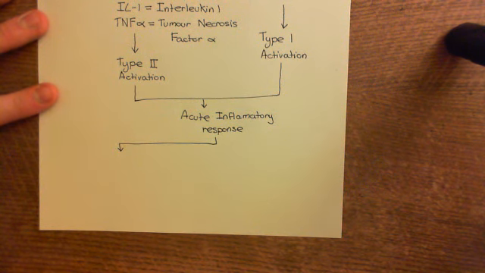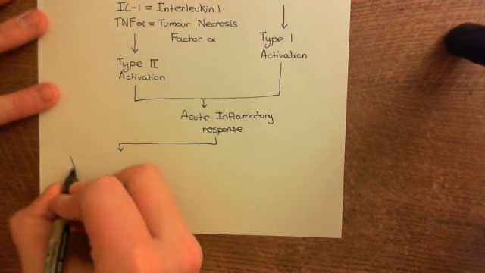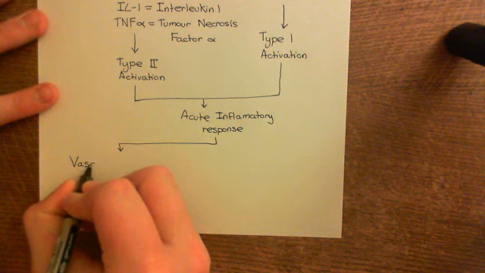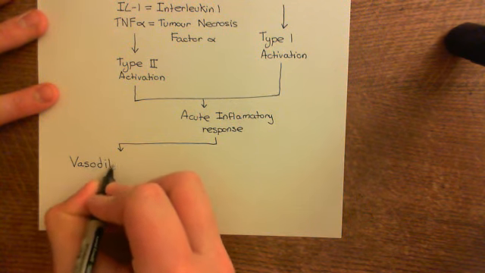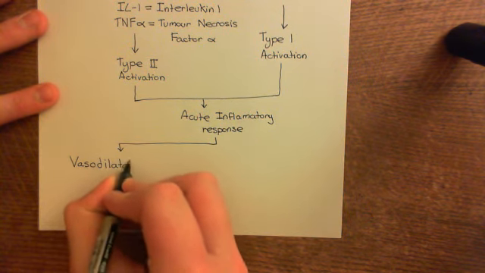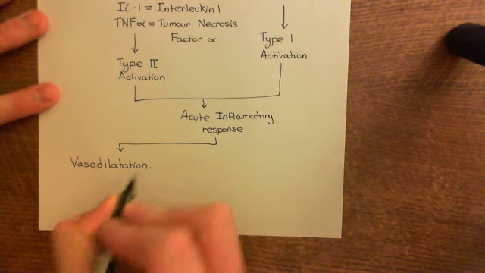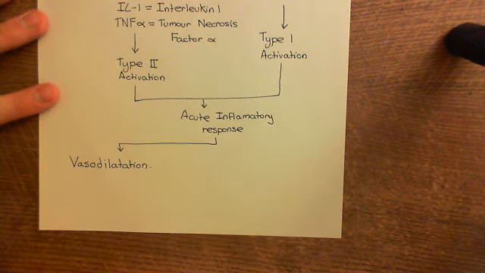So when you increase the circumference, you also increase the diameter, and that will lead to the diameter of the lumen of the terminal arteriole increasing, which is called vasodilatation. Okay, so when you increase the diameter of the lumen of a blood vessel, it's called vasodilatation.